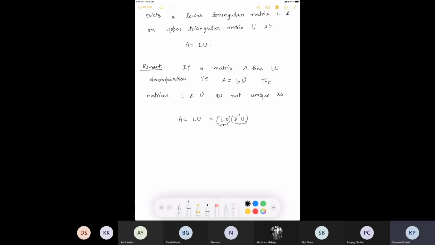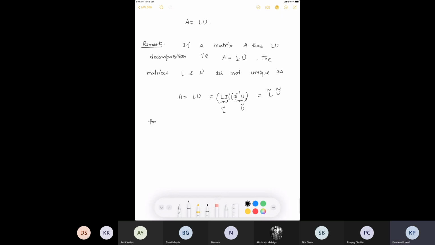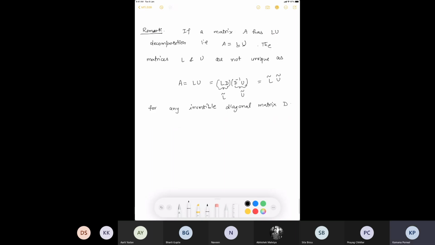If I call this L tilde and this U tilde, this is the same as L tilde into U tilde, where D is any invertible diagonal matrix. You can note that L tilde and U tilde are lower and upper triangular matrices.